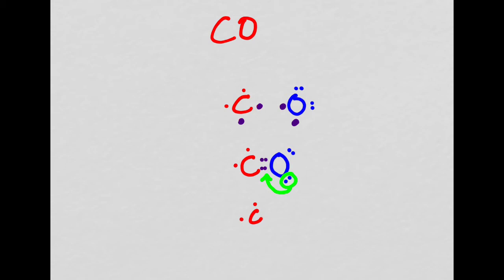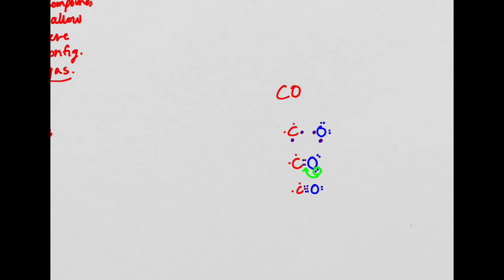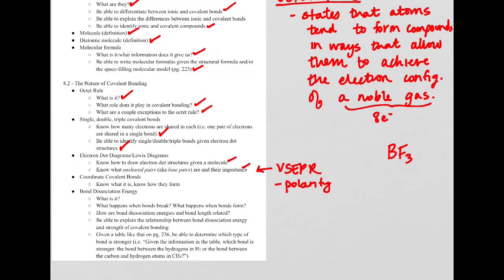So now we have these two down here, and then those shared pairs between them, right? So now around carbon, we have 2, 4, 6, 8, and we already had 8 around oxygen. We still have 8. So this is what's called a coordinate covalent bond. It's where one atom of a molecule donates both electrons rather than them each donating one. It donates both electrons to a bond.